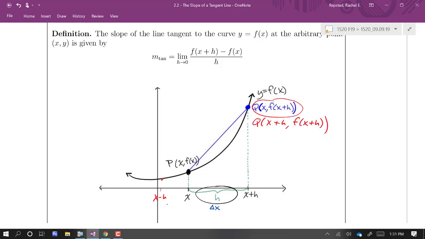So it'd be x minus h minus f of x, as we would expect. But then when you do the change in x's, it's x minus h minus x, so it's actually negative h that ends up in the bottom. So I always treat it as an x plus h because it can be easy to make a sign error, but it's totally valid. You can do it, it'll work, but it ends up being a negative h on the bottom, and if you didn't make that change, your answers would be reversed.